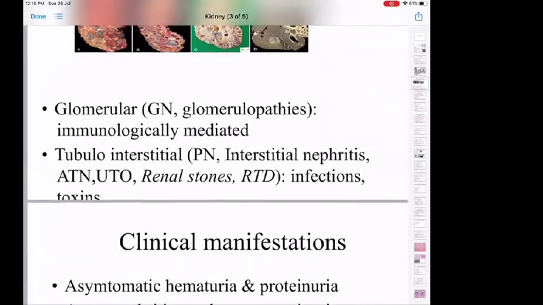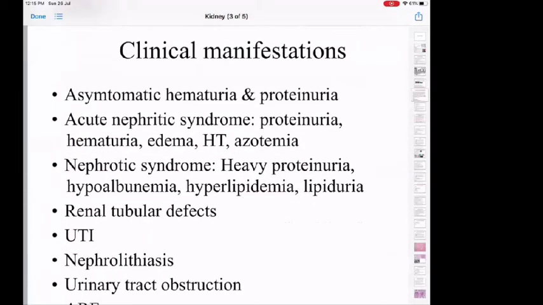Okay. Now, clinical manifestations of kidney disease. First is asymptomatic hematuria and proteinuria. Means there are no other symptoms but hematuria. Hematuria means blood in urine.